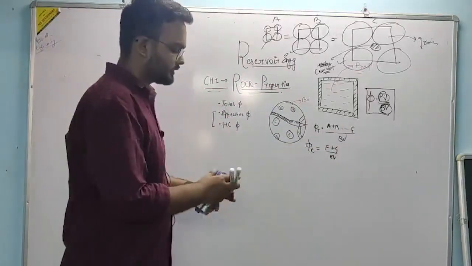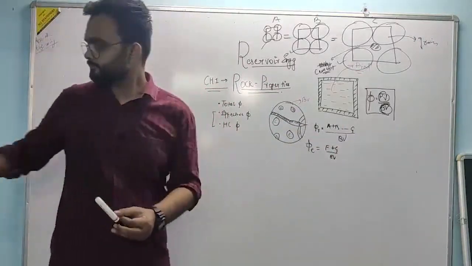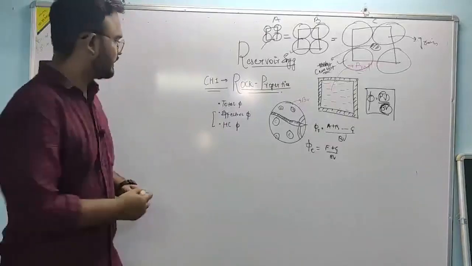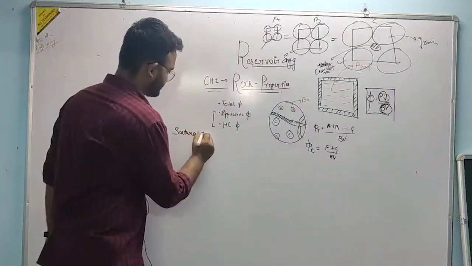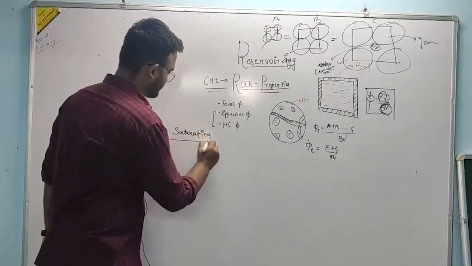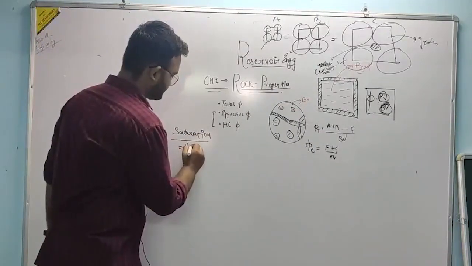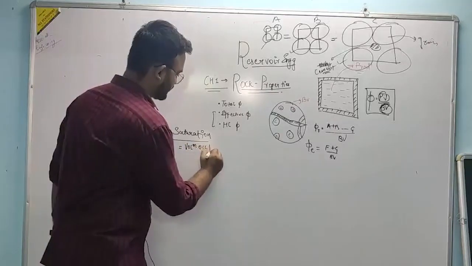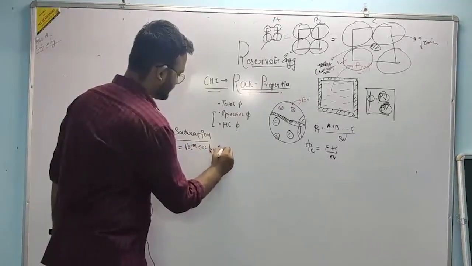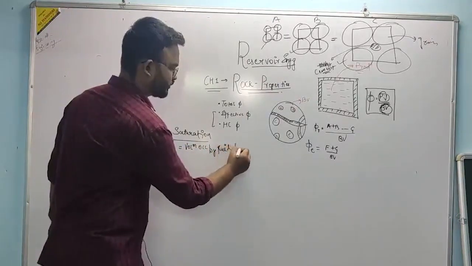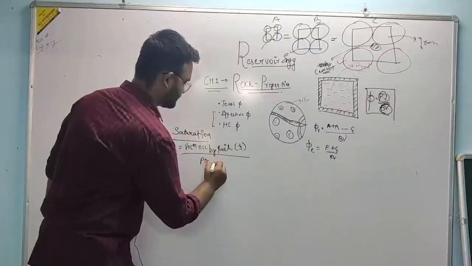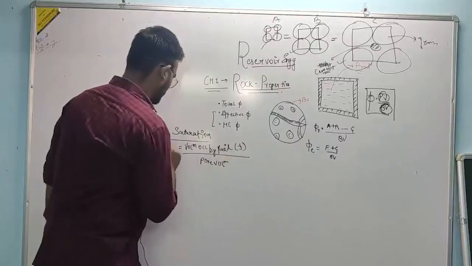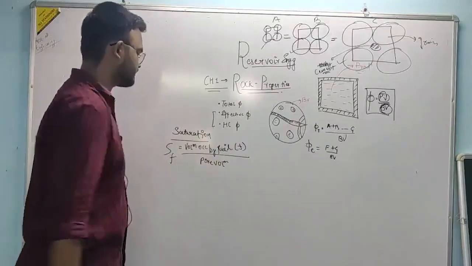So the saturation, let me write this down. Saturation is the volume occupied by a fluid, let's say fluid F, divided by the pore volume. So this is the saturation of F, right?